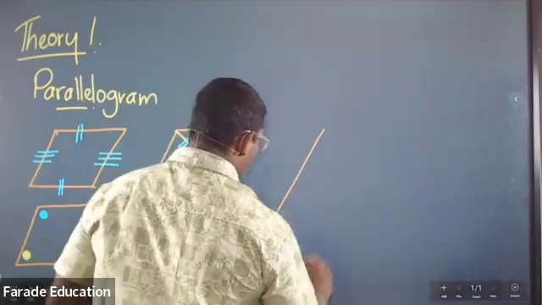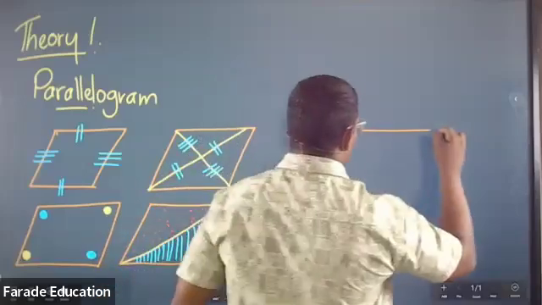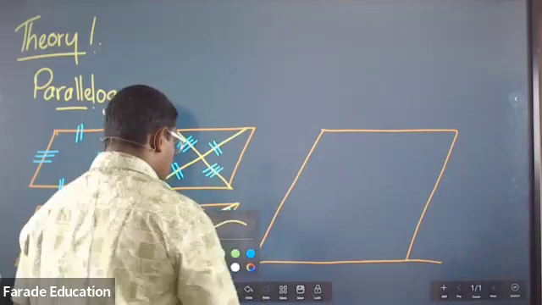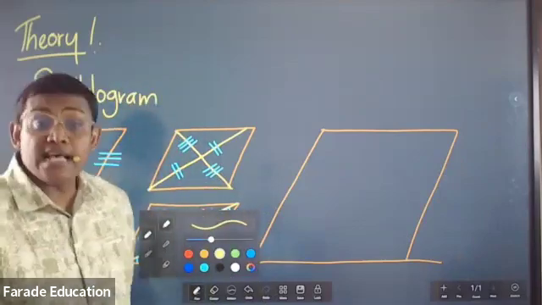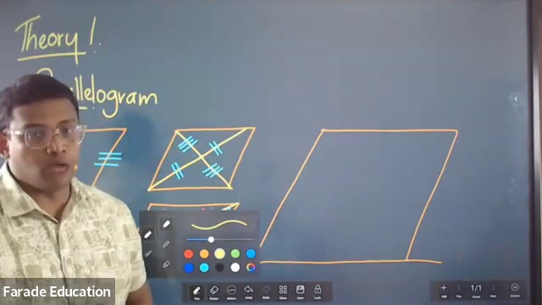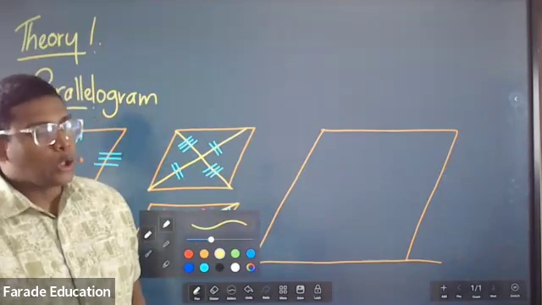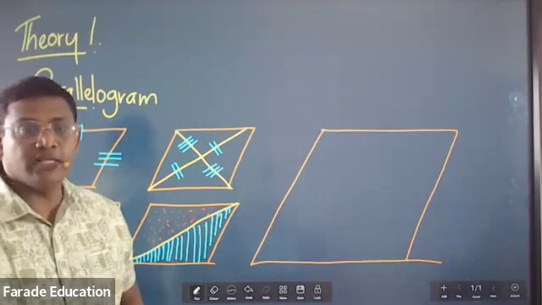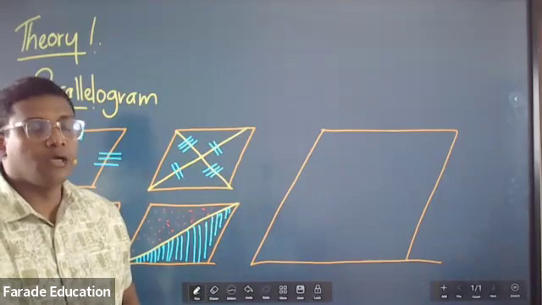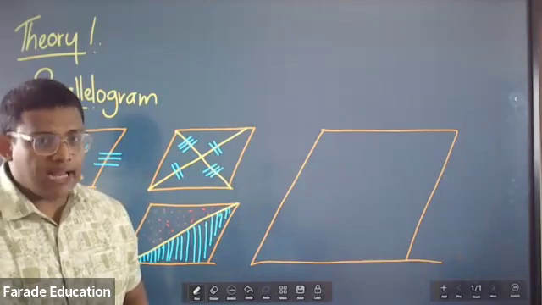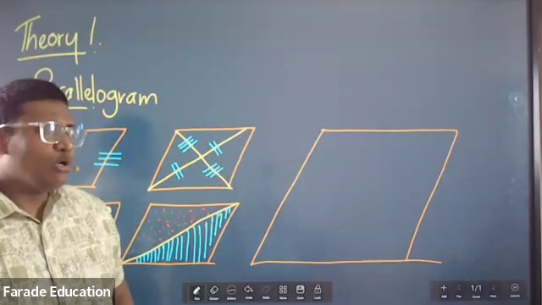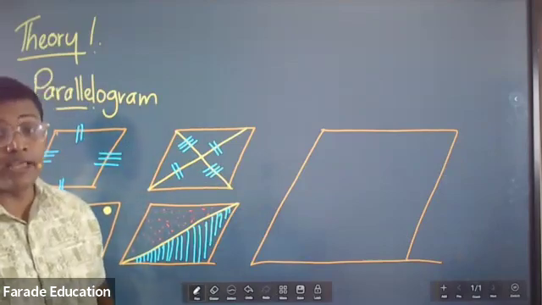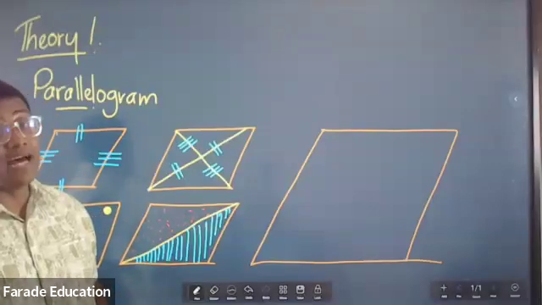I'll draw it a little bigger because that is very important when you're answering the part 2 questions. In most of the part 2 questions, they normally ask you to prove ABCD is a parallelogram. To prove a quadrilateral, which means any polygon with 4 sides, is a parallelogram, you don't have to go through all this: opposite sides equal, opposite angles equal, diagonals bisect each other, diagonal bisects the area.